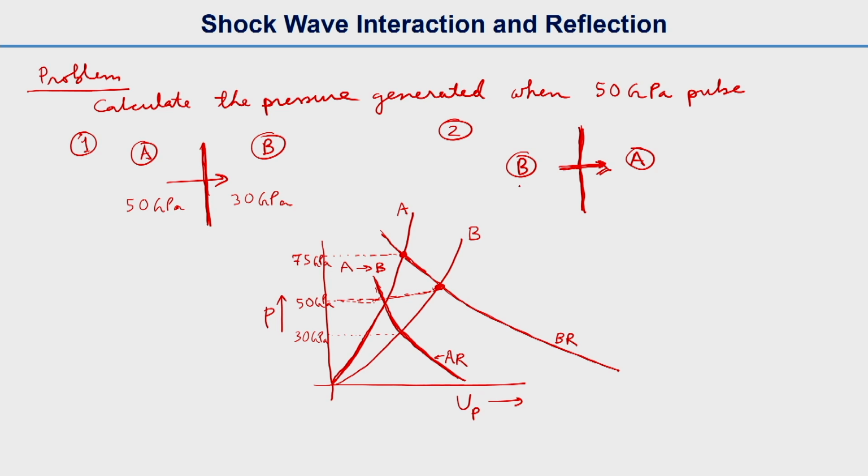Now in this case, if you have a 50 gigapascal pressure from medium B which is entering medium A, then pressure will increase because it is 75 gigapascal. This one is low impedance, and then medium A has high impedance.